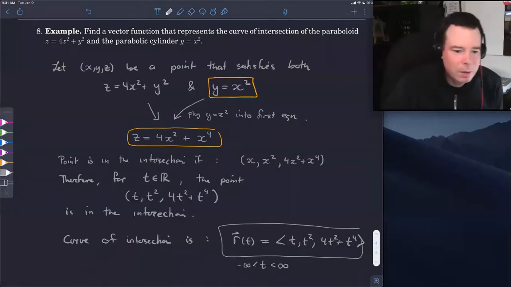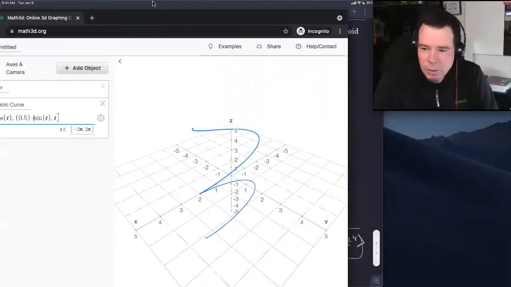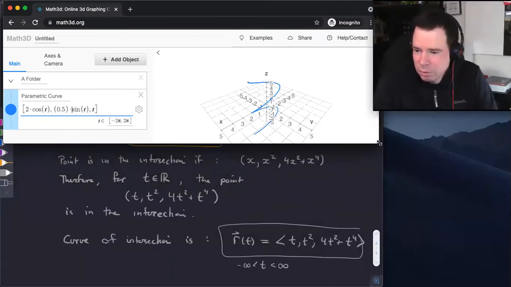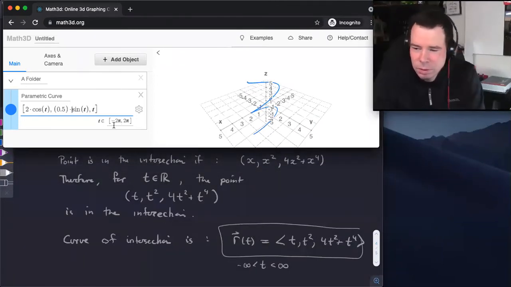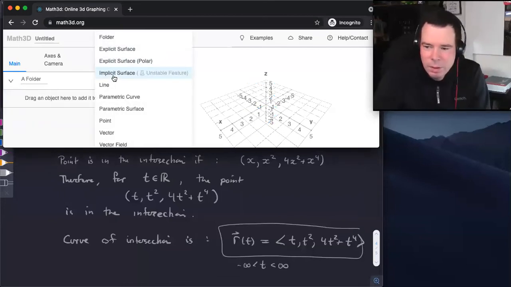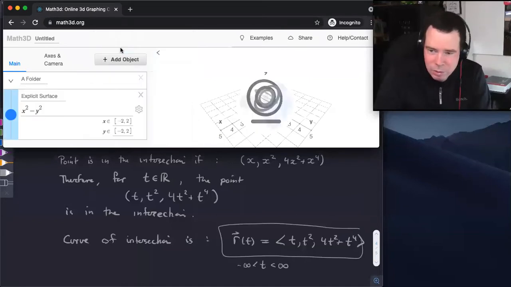So I'm going to give you a feel for what we've just done here. I will drag this up a little bit so you can still see what's in the background while we're constructing. As I said, we haven't really talked about those surfaces yet, but we can go ahead and plot them anyway. I'm going to plot an explicit surface.